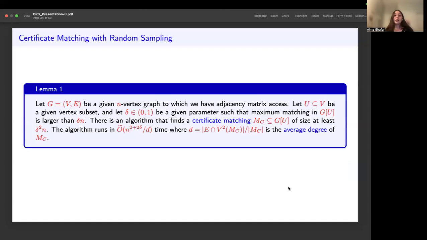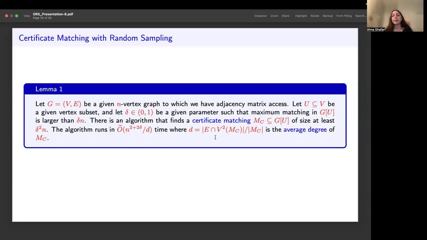The main lemma that we use to find this matching is the following, that actually uses random sampling. So we are given the subgraph U. We find a certificate matching in this subgraph that is a large enough matching, and this algorithm will run in n squared over d.